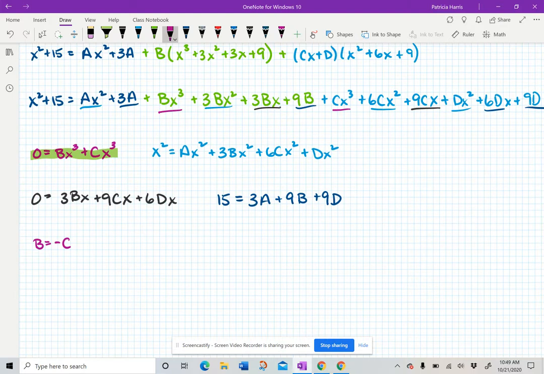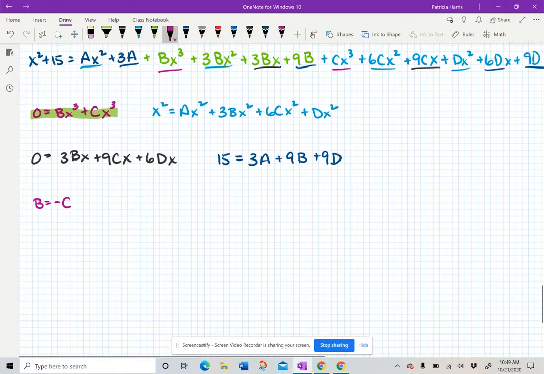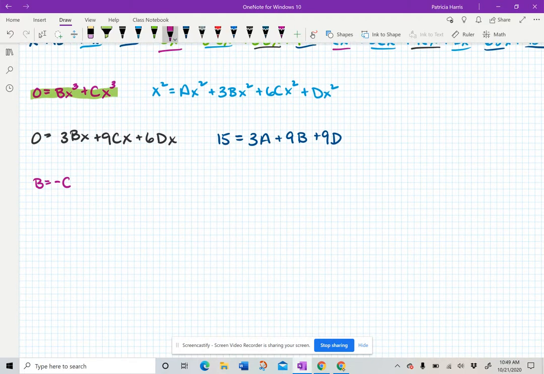That means I can take all of my B's and replace them with a negative C. So let's try that. On this first one, I'm going to divide out my x squares.